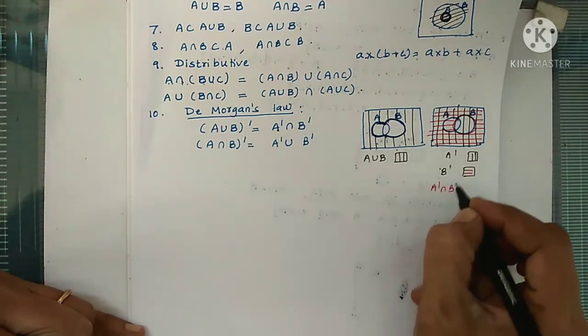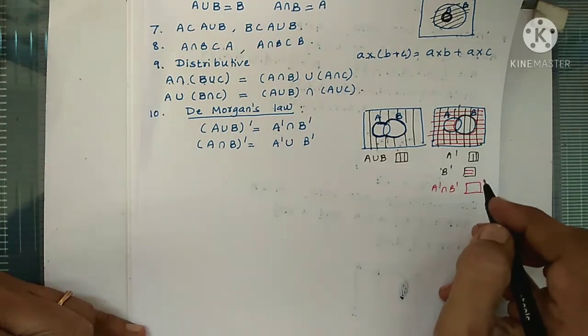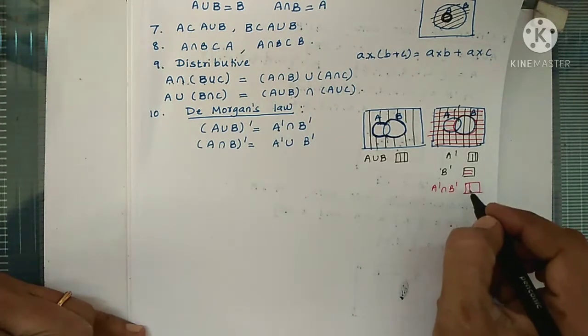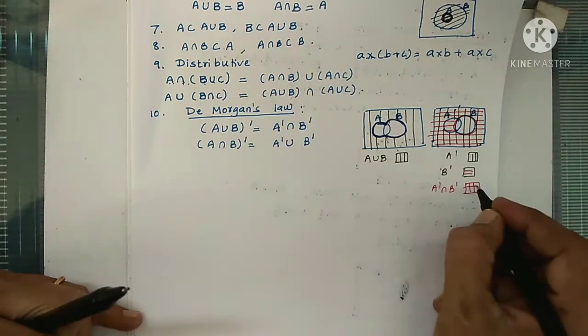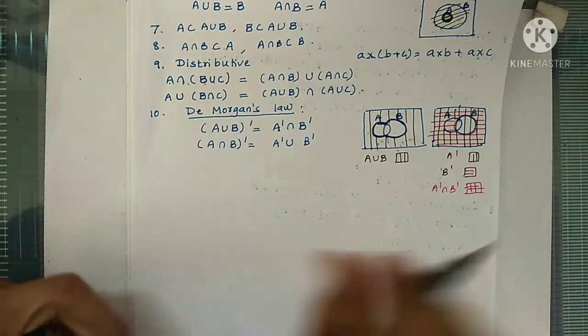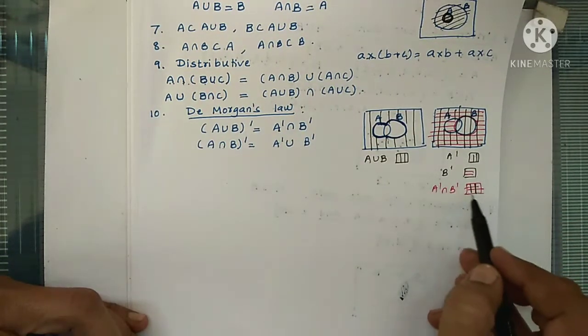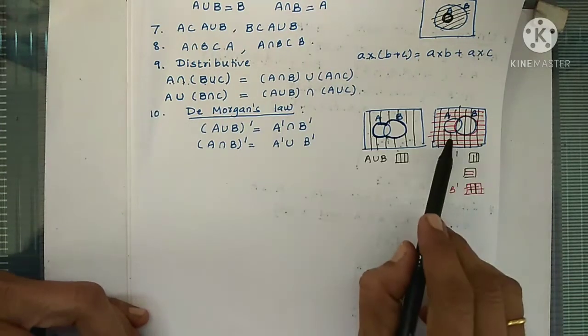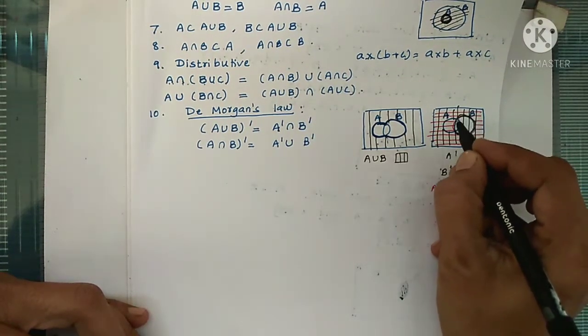Now what we want is the intersection. Intersection means the common portion, the common portion of A dash and B dash. So it should contain both the lines, red lines as well as black lines. That means basically there are small squares. So you can see here in this portion other than this.